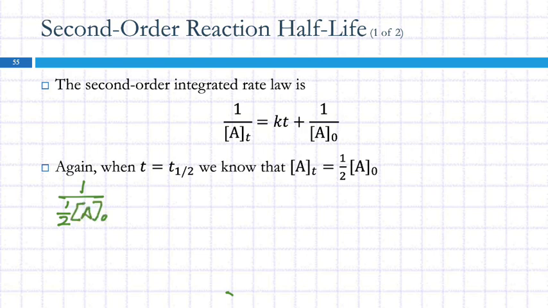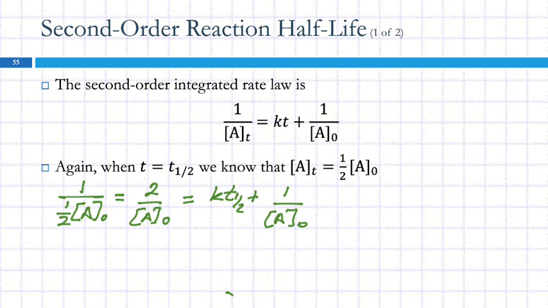Okay, that looks dangerous, so I'm going to fix that up right now. That is the same as 2 divided by A0. That is equal to KT plus 1 over A0. This is T1/2.